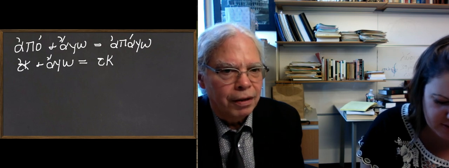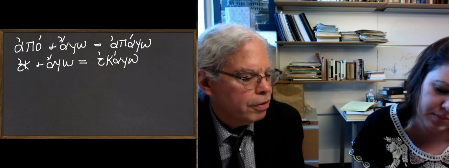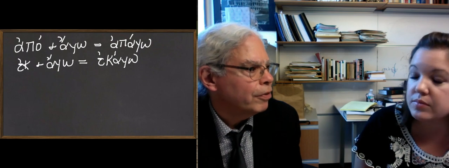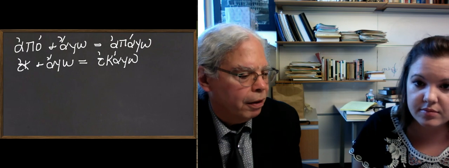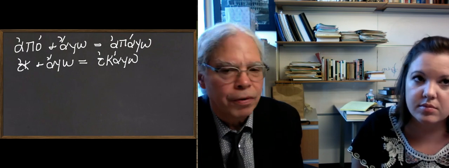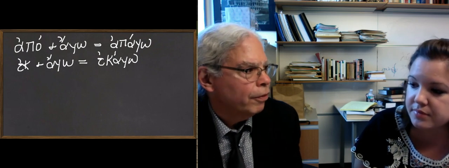This simple principle increases the vocabulary of Greek verbs by hundreds of thousands, because every verb can be compounded. You can have hyper ago and hypo ago, and so forth and so on. And all of these things have a different nuance to them, and then they start to develop special meanings.